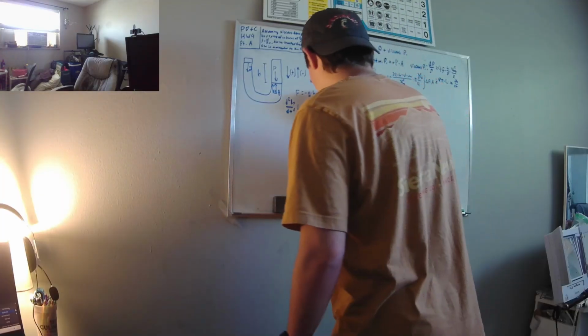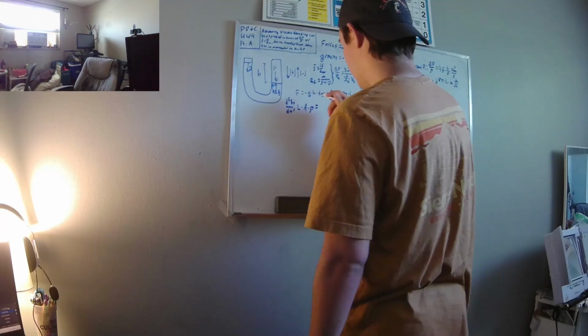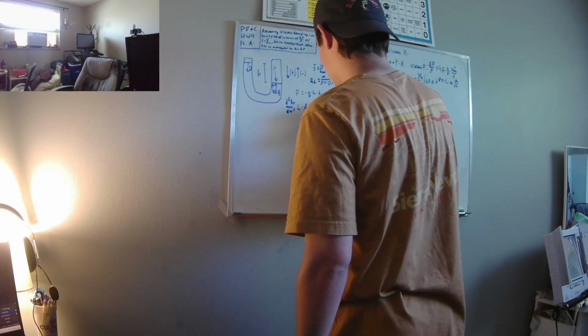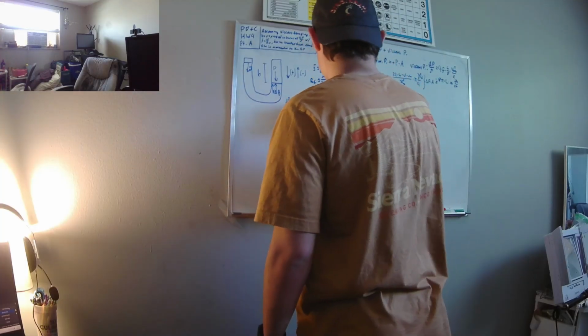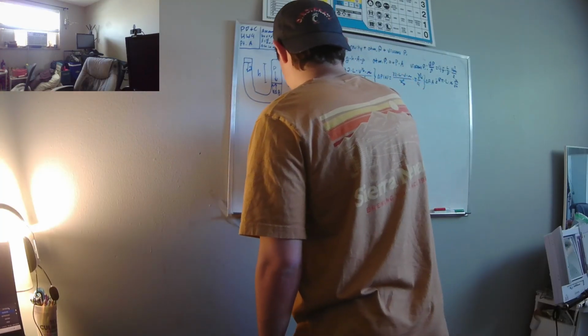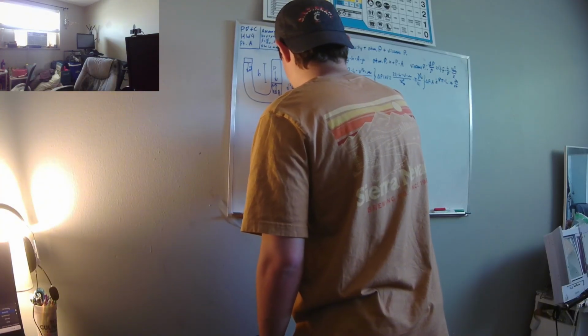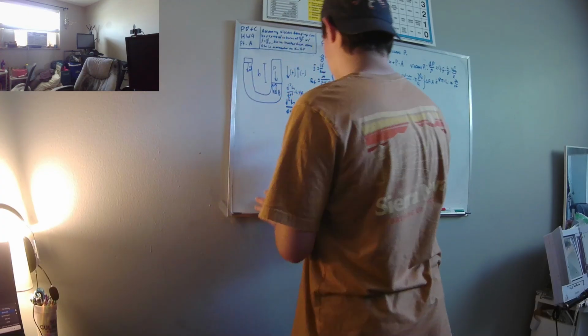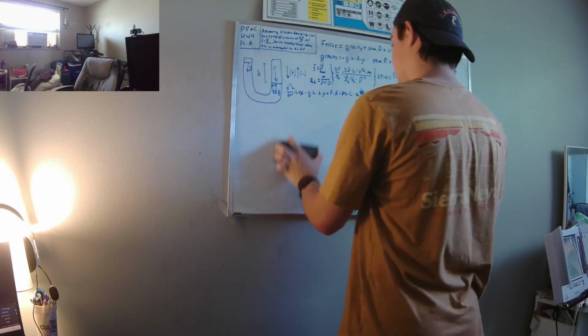We're going to set that equal to our negative g times h times A times rho, and the rest of our right-hand side, so d squared h over dt squared times L times A times rho, and equal that all over there.